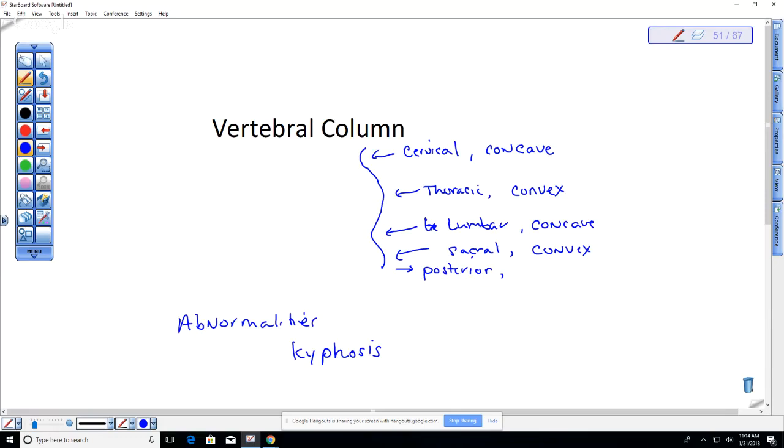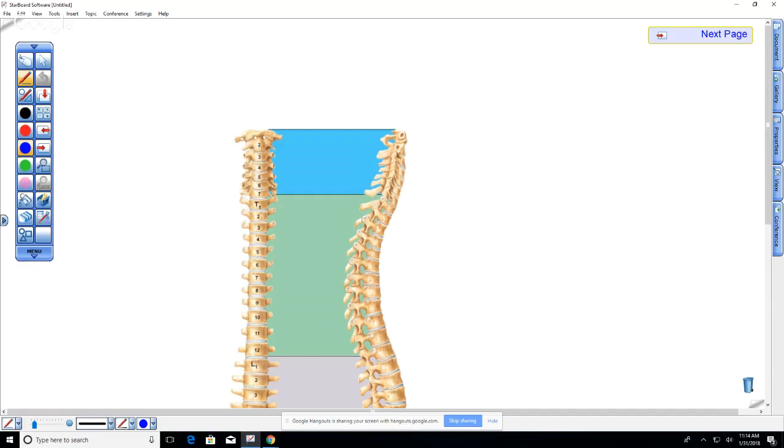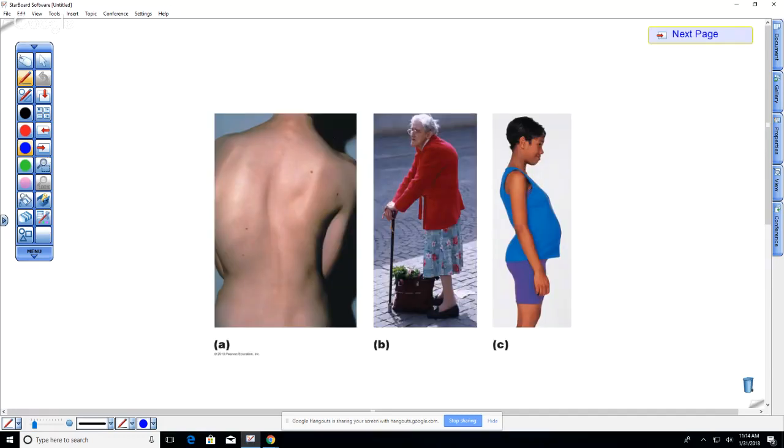I have pictures of these. The kyphosis would look like this: the cervical is not as indented, and then you get a big hump on the back. So that's kyphosis.